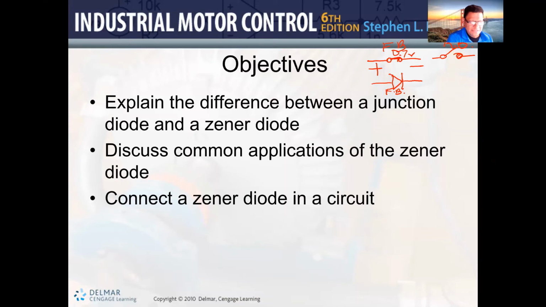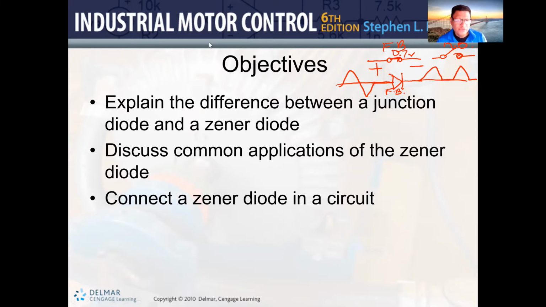Okay, and that's why we can use it for rectification, because by doing that, we are able to filter the negative signal. And only the positive signal is going to go through the diode while the diode is being forward biased, or in other words, while the diode is turned on.